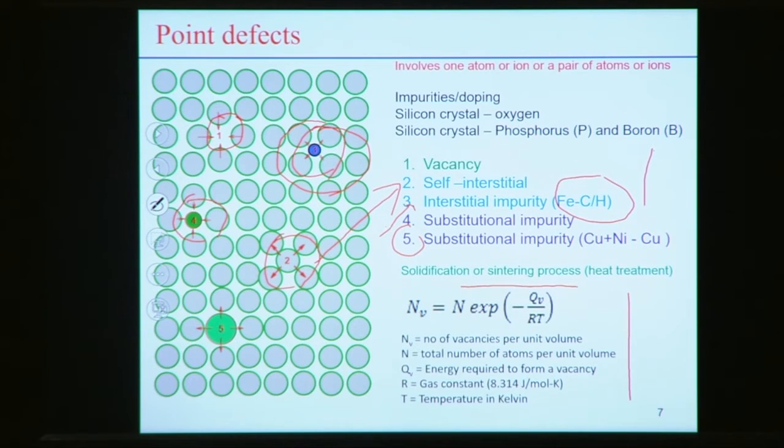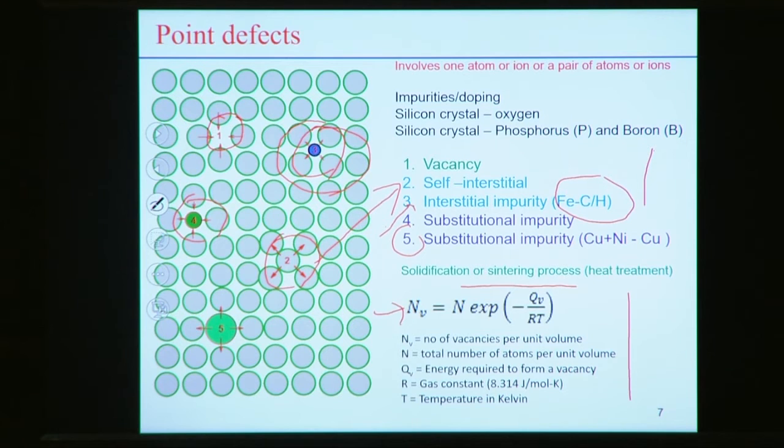So if you look into this expression, Nv represents the number of vacancies per unit volume, where N is the total number of atoms per unit volume, and it depends on the exponential of minus Qv by RT. So Qv is the energy required to form one vacancy, R is the gas constant, and T is the temperature.